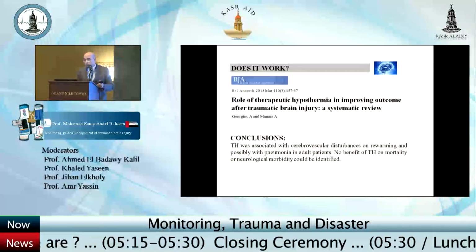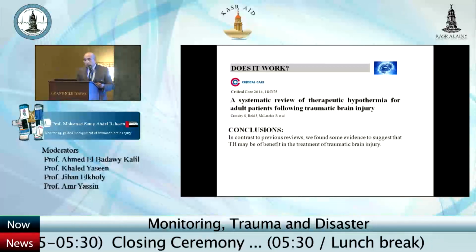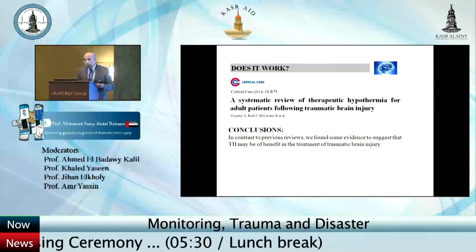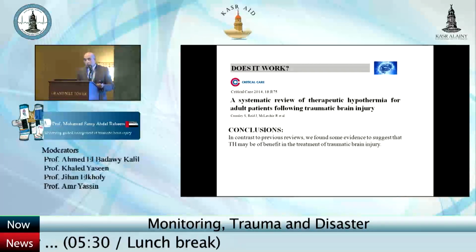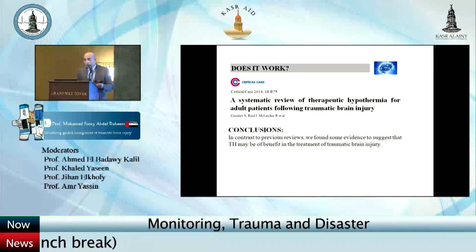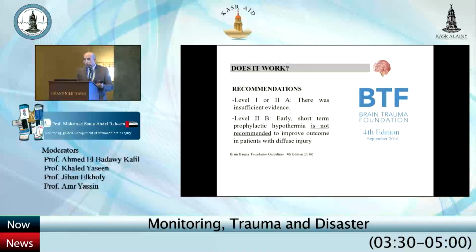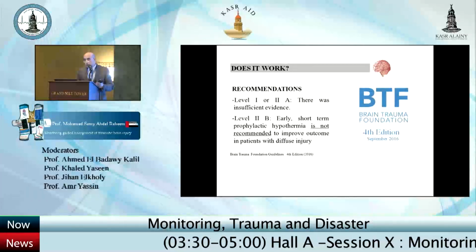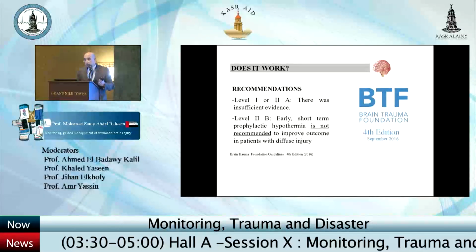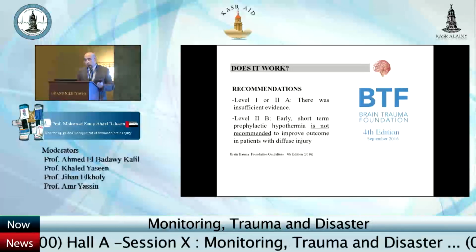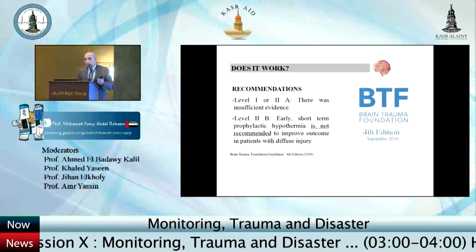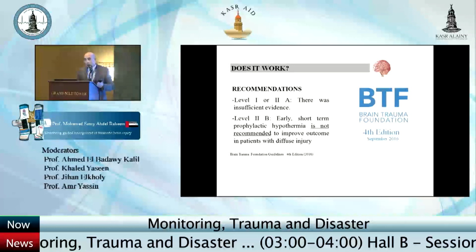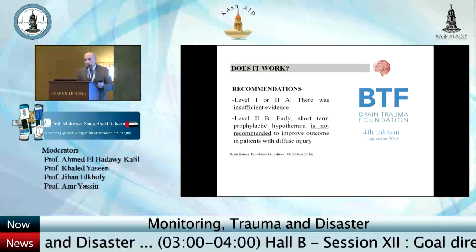However, in Critical Care in 2014, there was a systematic review that concluded that in contrast to previous reviews, we found some evidence to suggest that therapeutic hypothermia may be of benefit for treatment of traumatic brain injury. The recommendation of the Brain Trauma Foundation came out in 2016, and they again found no level 1 or 2 evidence, but level 2B that even short-term, early therapeutic hypothermia is not recommended.